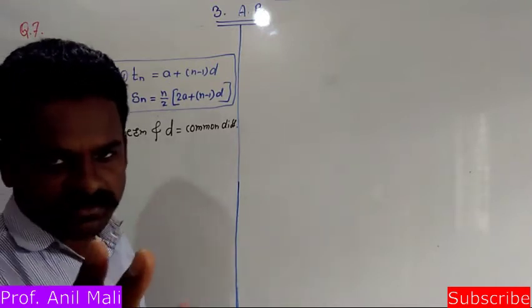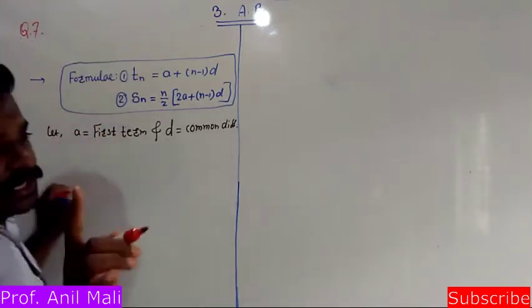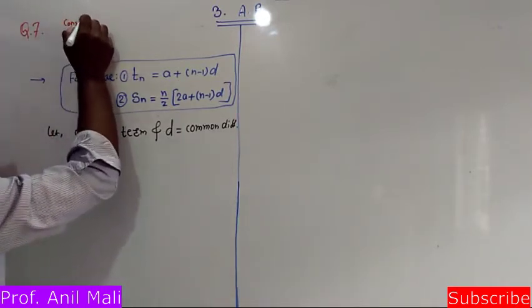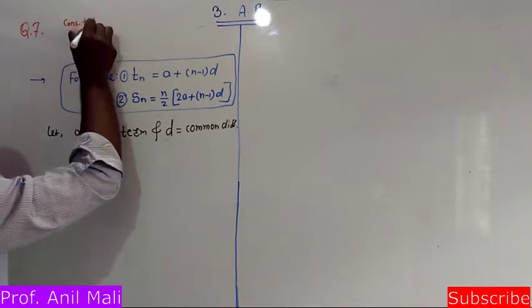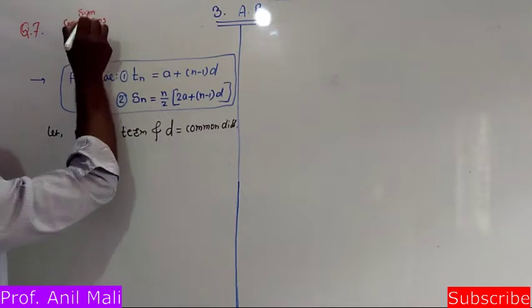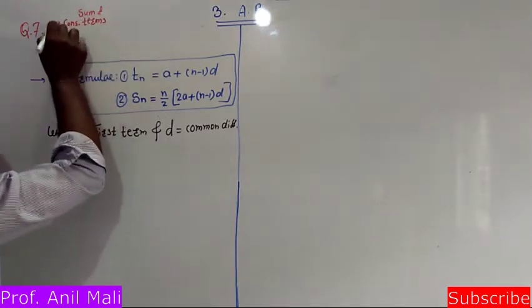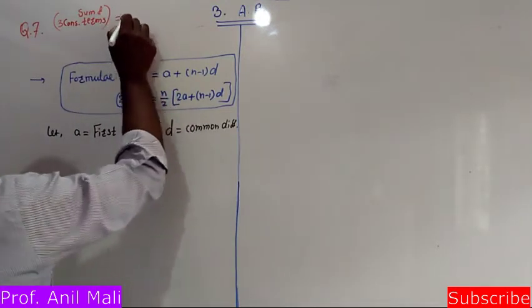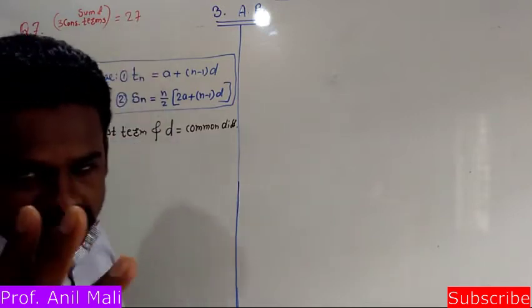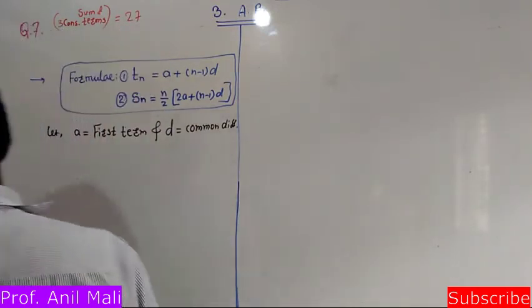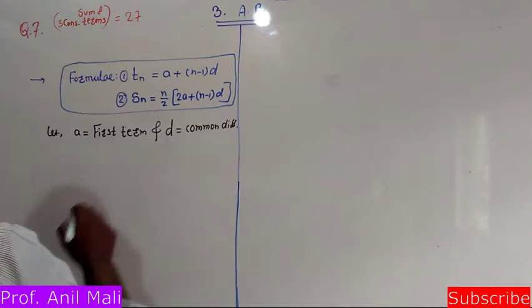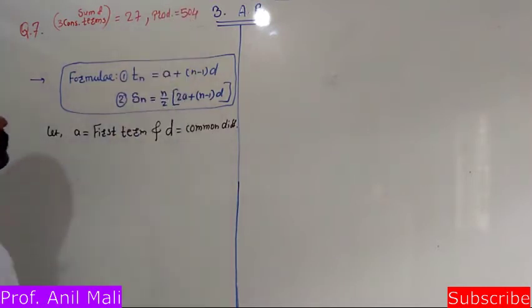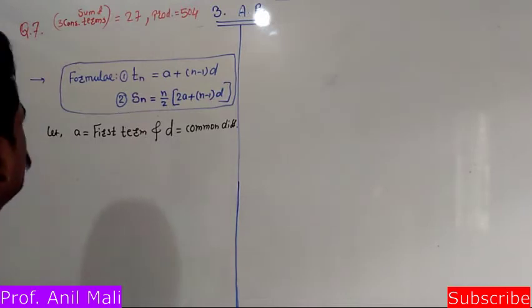Sum of 3 consecutive terms in a given AP is given as 27. No problem. And their product is 504. Product is 504. No problem.